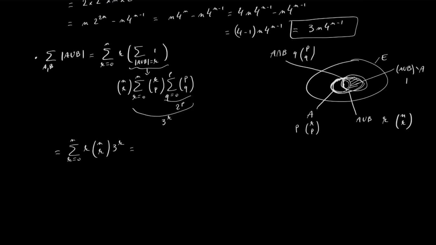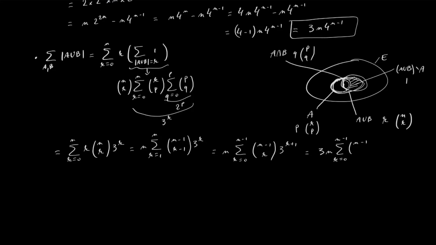As we have seen above, this is equal to n multiplied by the sum from k equals 1 to n of n minus 1 choose k minus 1, 3 to the power of k, which is equal to n times the sum from k equals 0 to n minus 1 of n minus 1 choose k, 3 to the power of k plus 1, which is equal to 3n times the sum from k equals 0 to n minus 1 of n minus 1 choose k, 3 to the power of k.